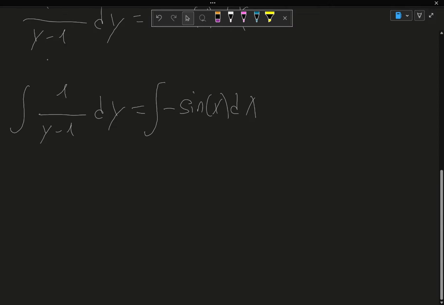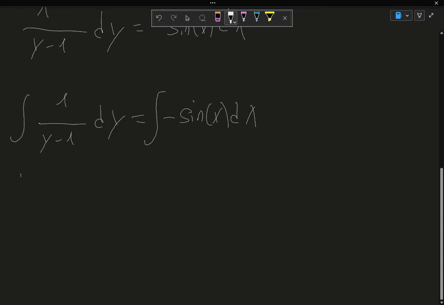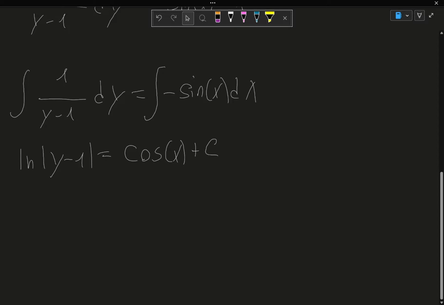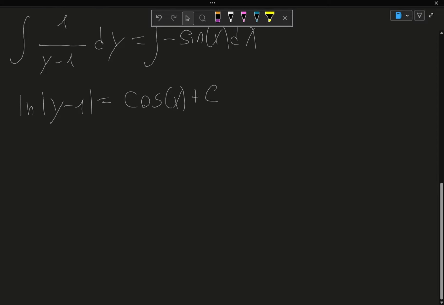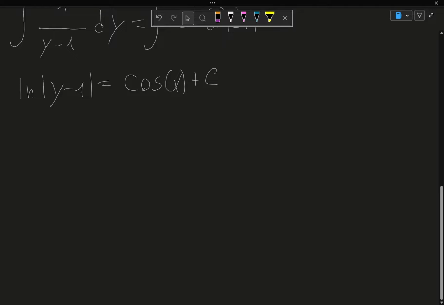If we solve these integrals, we get that we have the ln of y minus 1 is equal to the cosine of x plus c. We can just e everything out like we did in the first example, so we got that y minus 1 is equal to e to the cosine of x plus c.